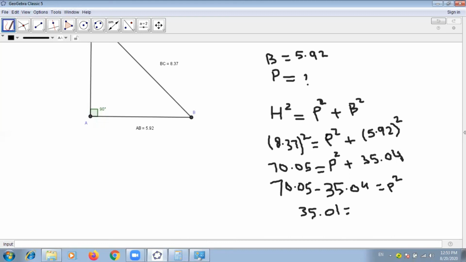Now, as we have to find the value of P, we take the square root of these.